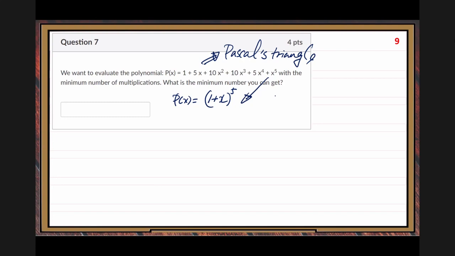Some people call it Newton's formula because Newton discovered this formula, or binomial formula. It is knowledge in your discrete math. Discrete math, you should learn this topic.